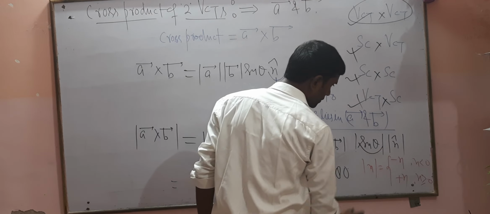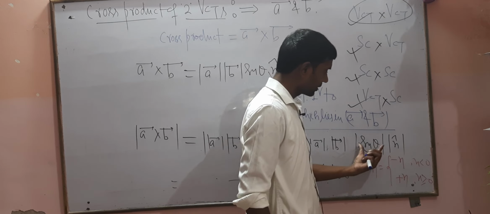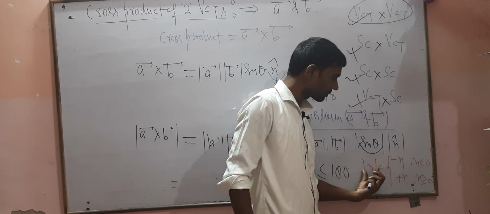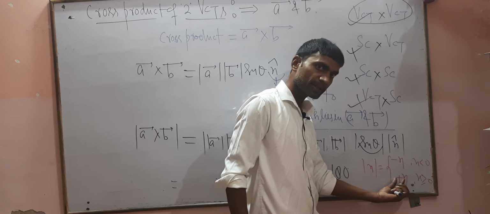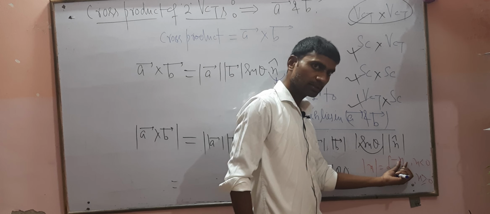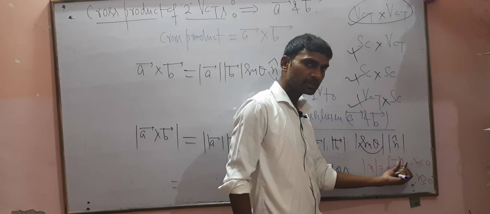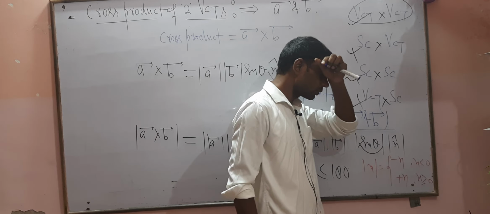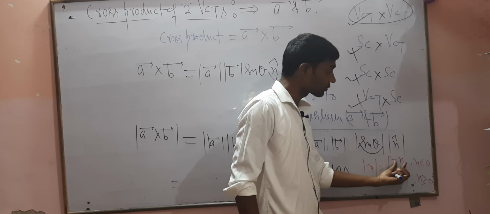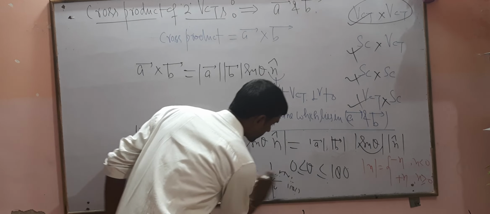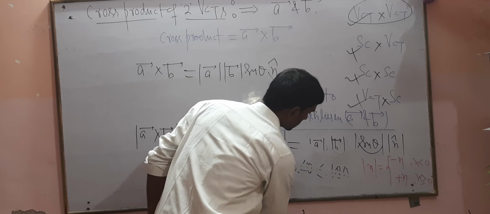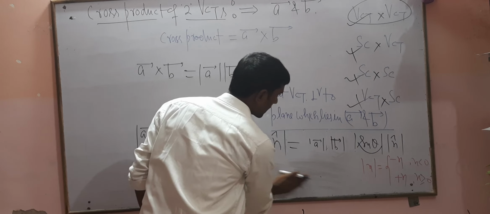This implies that sine theta is positive. So if inside the modulus is a positive quantity, then removing the mod, it comes out plus. If inside the mod is negative, then removing the mod, it comes out negative, so minus of x. This implies that mod of sine theta equals sine theta.